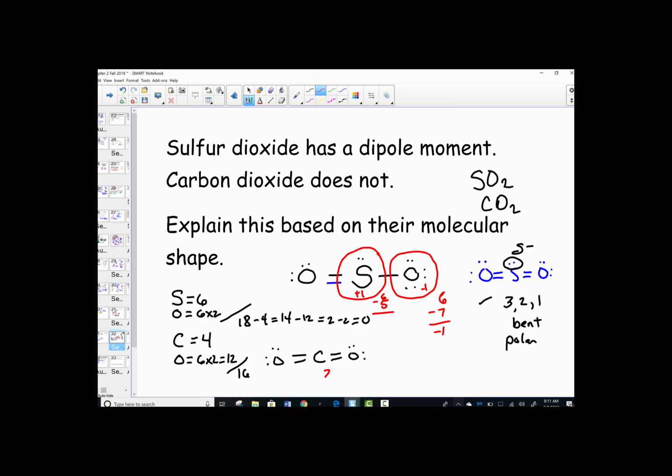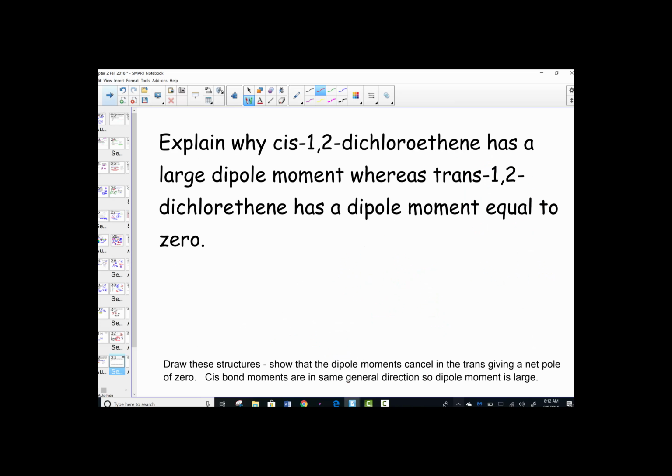Therefore, 2, 2, 0 is its electron arrangement, 2 bonded, 0 unbonded, making this a linear structure, and therefore nonpolar. The electron pull is indeed even in all directions. So don't be fooled by just looking at a molecular structure. You have to dig deeper and build the molecule and decide, based on the number of domains, how many are equal in distribution and if they're unequal in distribution.